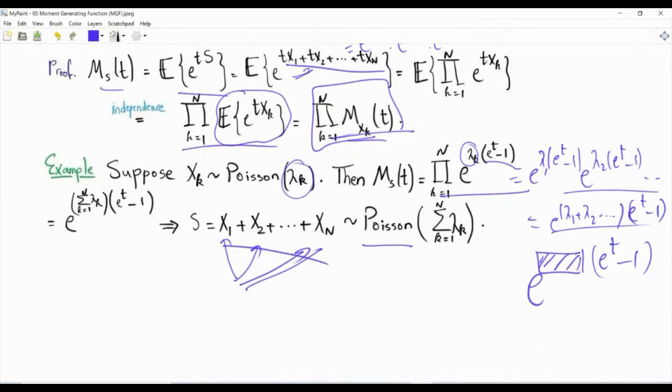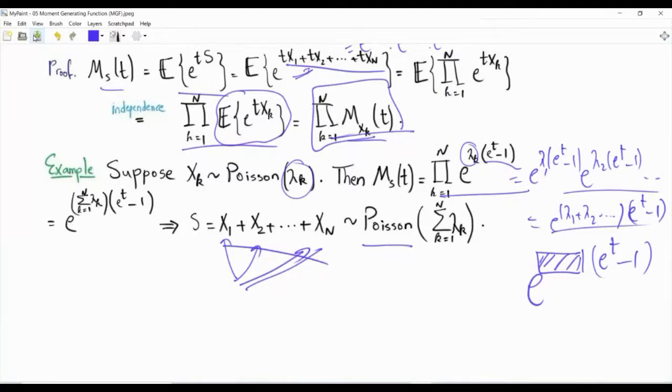So if you have the expectation of e to the tx, for a real parameter t, this is called the moment generating function. It may explode to infinity; it depends on what random variable we are talking about. For all random variables at t equals 0, this is equal to 1.